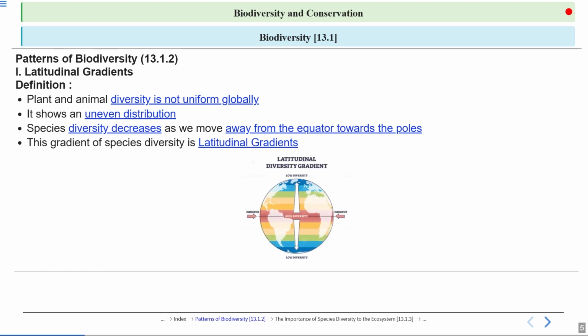In this image you can see the latitudinal diversity gradient. You can see how species diversity changes with latitude. Near the equator, species richness is more as compared to near the poles.